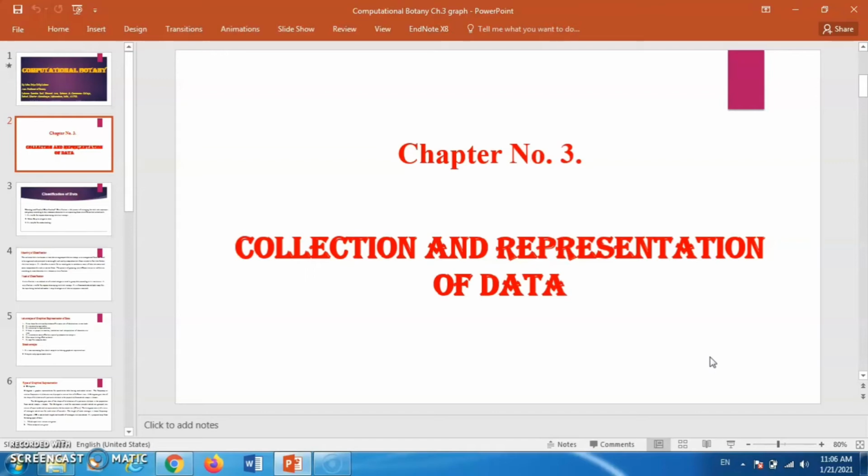After this data collection, the remaining conclusions would be drawn. So data collection means simply sampling. By sampling methods, data would be collected, and after that we have to represent the data.